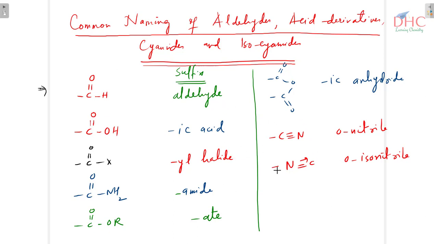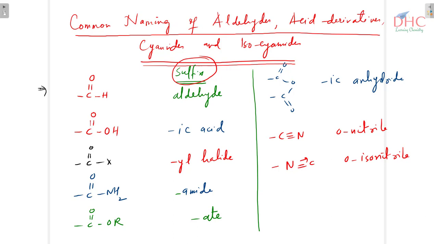So these are some of the compounds that we showed here. These are the suffixes that we are going to use for these particular compounds. Now what the prefixes are, so you have to get that point also. Once you finish with these, you will be able then to name these compounds.